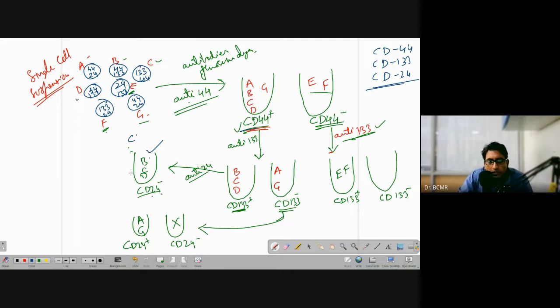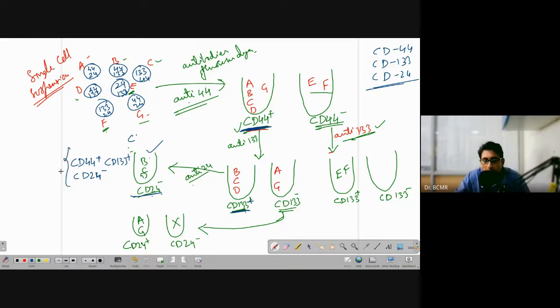These cells that I'm pointing at here, B, C, D, are CD44 plus, because first we have done with that. Then they are CD133 plus, because again there are plus here, and here they are CD24 minus. This is how we can separate.